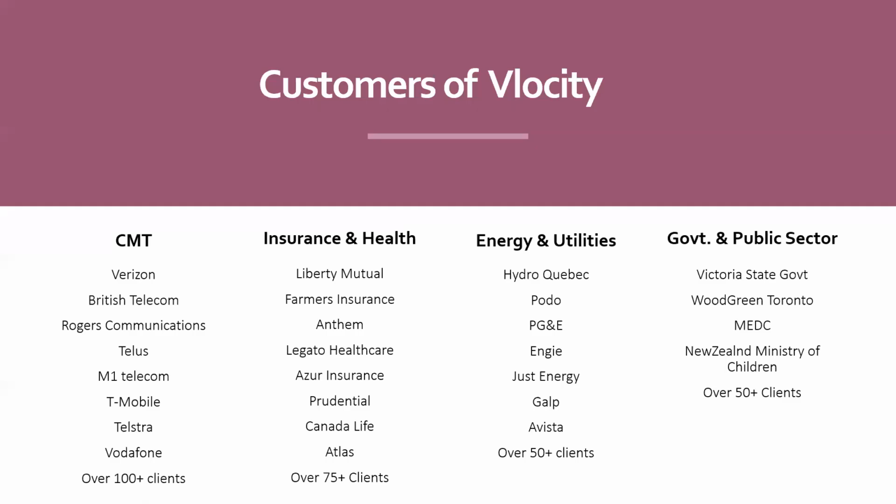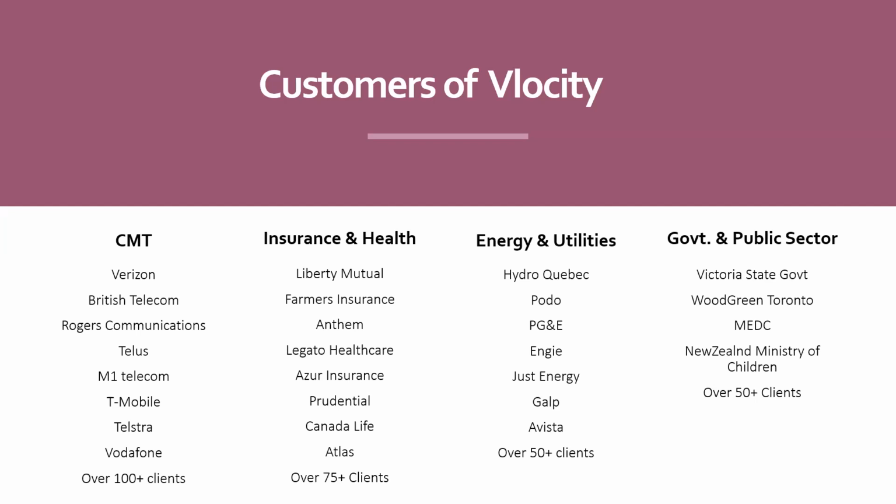Right. So these are some of the end clients that are using Vlocity in various industries. The major number of clients are basically in CMT, communications, media, and telecom, and insurance and health. So these two cover a large portion of clients that are using Vlocity, and other clouds are also being used, and the data model and everything will be provided accordingly to each of these industries. In CMT and insurance and health, both of these clouds are growing larger by the day.